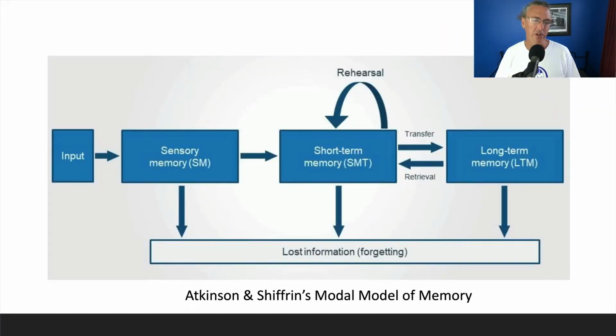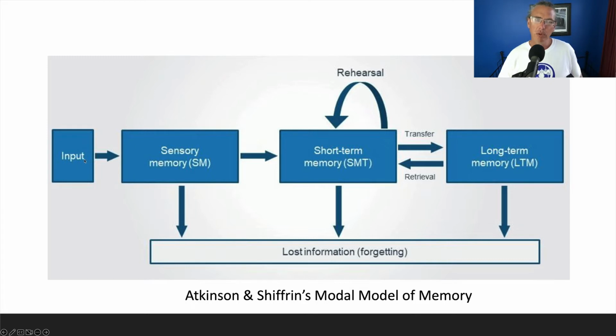Let's start here. This is what's called Atkinson and Shiffrin's model of memory. Don't try to say that 5 times fast. By the word modal, what that means is this is the model of memory that most people think provides the most accurate description of the data that we have. And according to that, there's not a single memory system, but in fact, a bunch of memory systems.